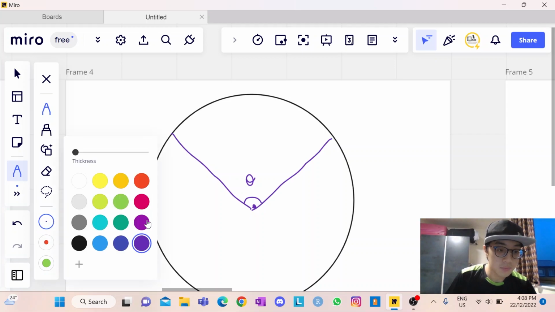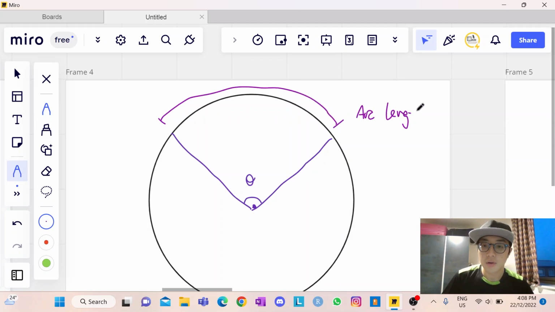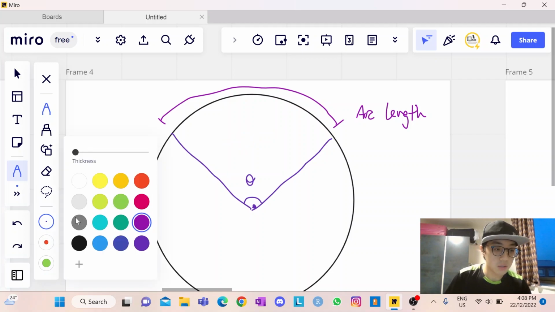This part right here is the arc length. There's a formula for arc length, and I'm going to write it down after that.